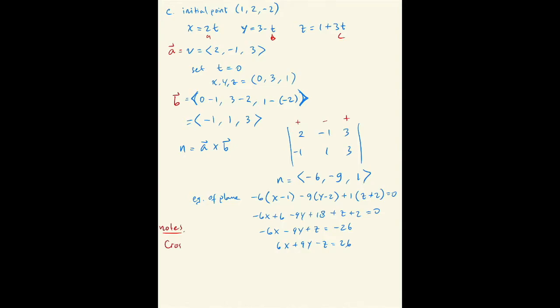Cross product for two non-parallel vectors: if you have two vectors that are not parallel, you cross between those two vectors and you will get the normal vector. I believe for parallel, intersecting and skew lines, you should be able to solve, right? Finding parallel and intersecting lines.